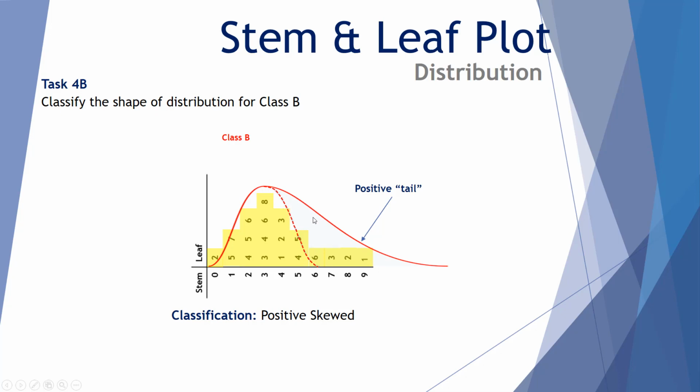This is representing a positive tail on our data. When you have a positive tail, that is data that continues beyond a symmetrical arrangement to the higher numbers to the right, this is called a positively skewed distribution. Once again, this positive tail that extends beyond the symmetrical line represents positively skewed data.